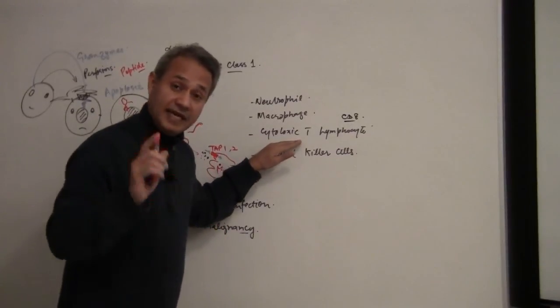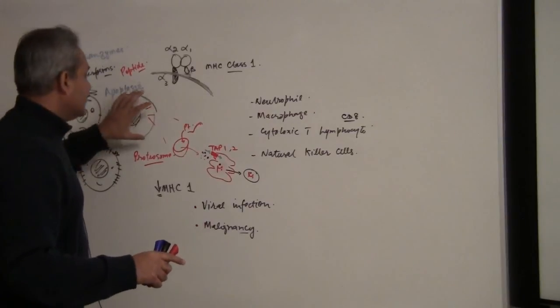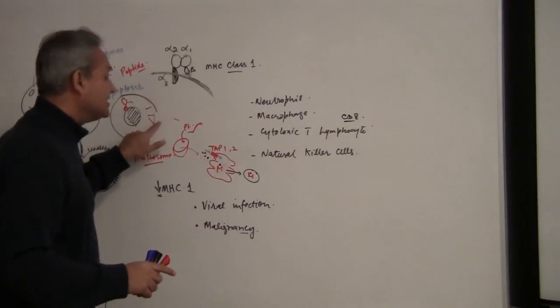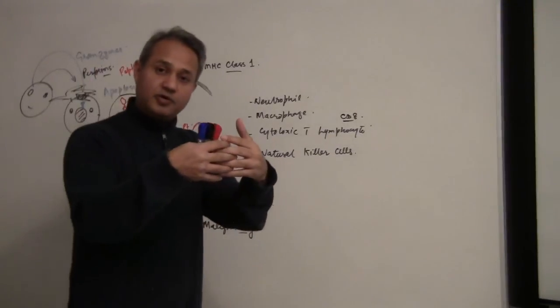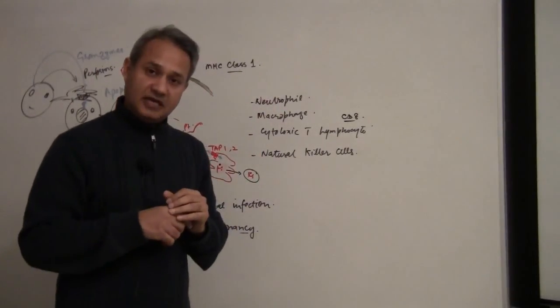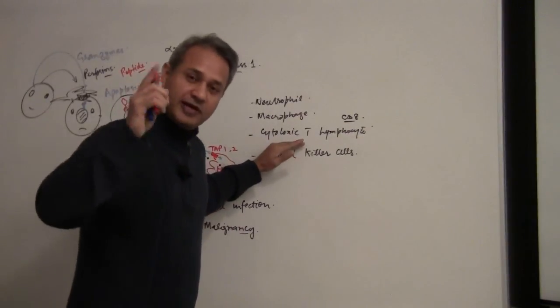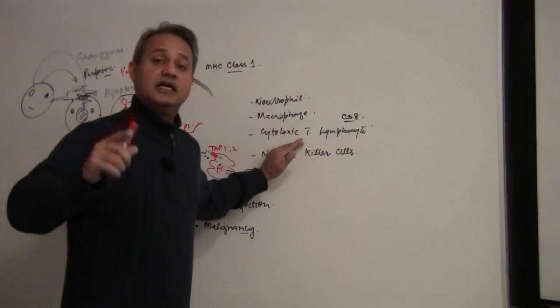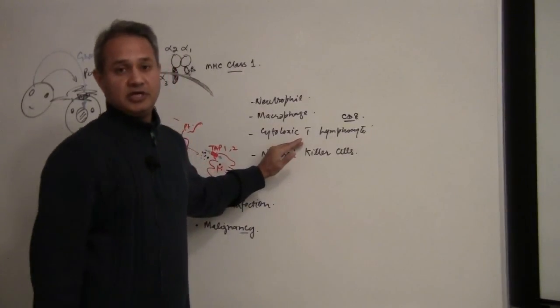Cytotoxic T lymphocytes, yes, they should have taken care of this situation, but the problem is that the cytotoxic T lymphocyte needs MHC1 to be present so that it can detect the foreign proteins and then take care of the cell. For the cytotoxic T lymphocyte, this is very important, don't forget this: MHC1 expression should be normal and it should have the foreign proteins on it.